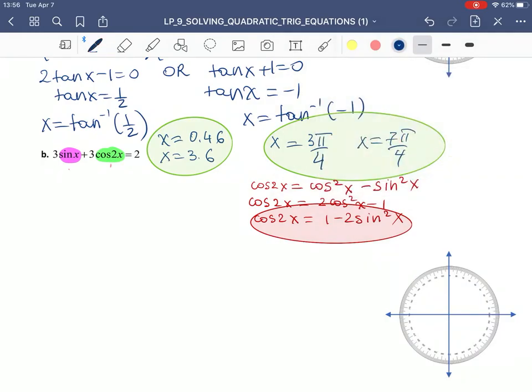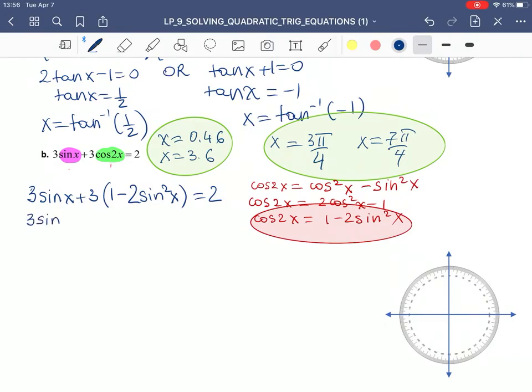And we're going to replace cos 2x. So let's get to work. Here we go. We have 3 sine of x plus 3. Instead of cos 2x, we're going to write 1 minus 2 sine squared x. And that equals 2. So we're happy, we have sine squared and sine throughout the equation and some numbers.